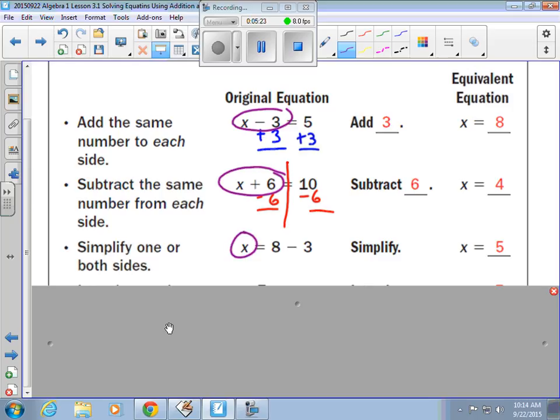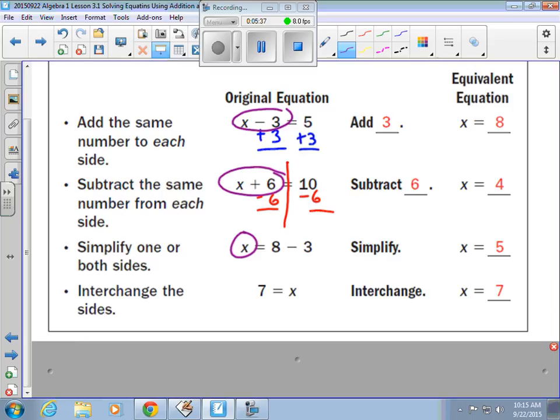It's isolated. You don't have to do anything to x. You simply have to do 8 minus 3 and get 5. You don't do it on both sides because it does not change. It does not throw the balance on your scale off. And then the sides are interchangeable. 7 is equal to x is the exact same thing as x is equal to 7.